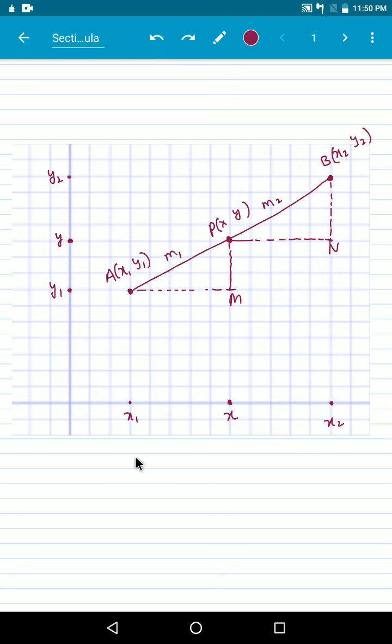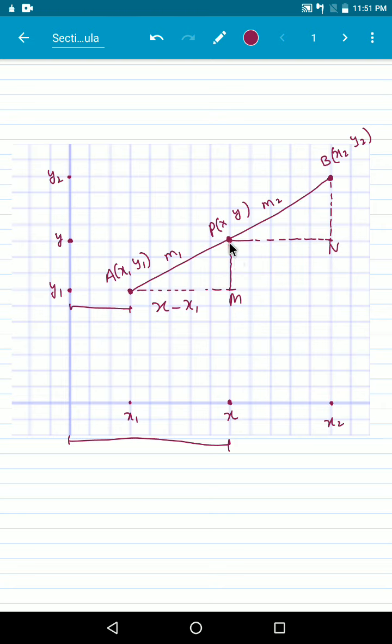Okay, and what is the value of AM? See, from here to here it is x, and from here to here it is x1. So AM will be x minus x1, right? And what will be PM? See, from here to here it is y, and this is y1.